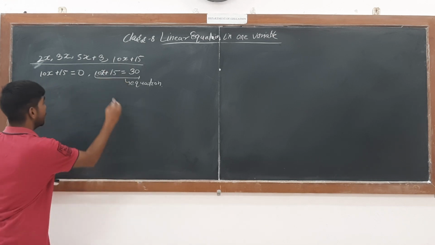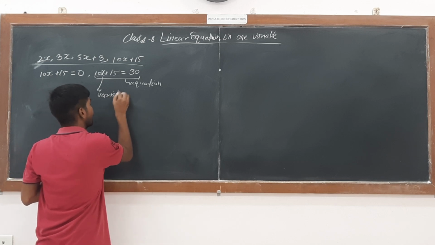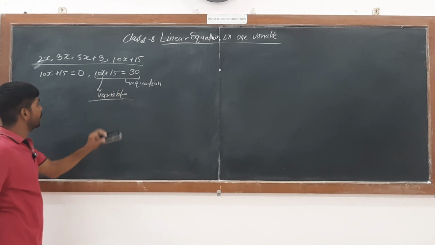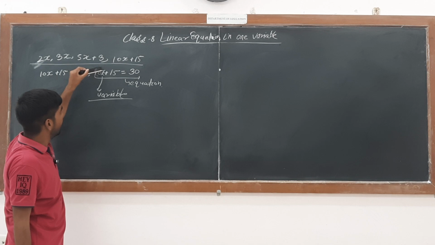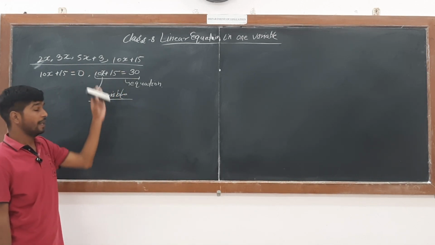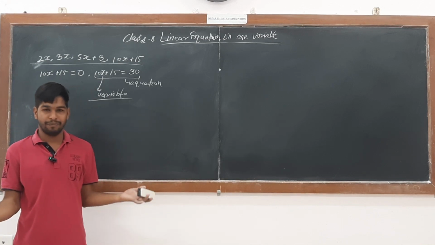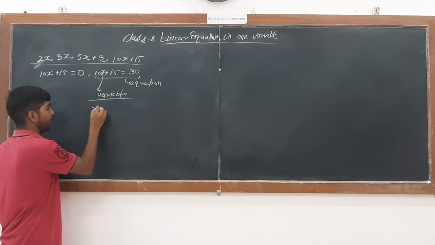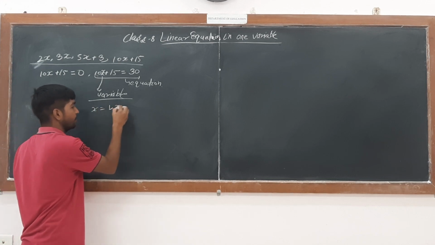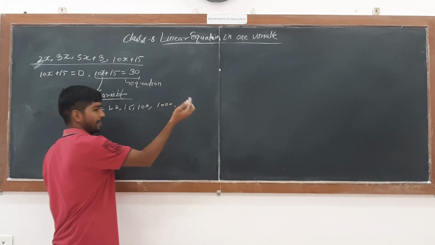Here x is our variable. Why do we call it a variable? Because other than this, 10, 15, 30, these values are fixed. But for x, in mathematics we don't know what the x value might be. It could be 1, 2, 15, 100, 1000, lakhs, whatever.